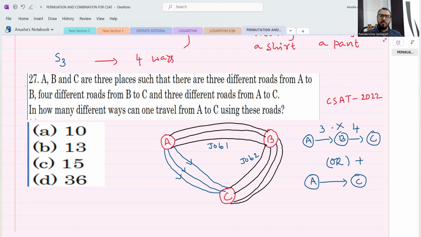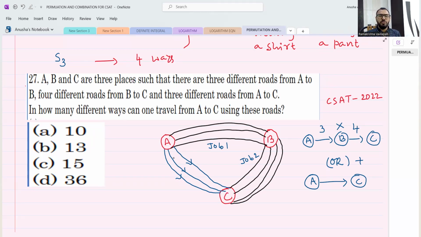You have to move from A to B and then B to C. So whenever you are using the word and, you have to consider multiplication. The first job can be done in 3 ways, the second job can be done in 4 ways, right?